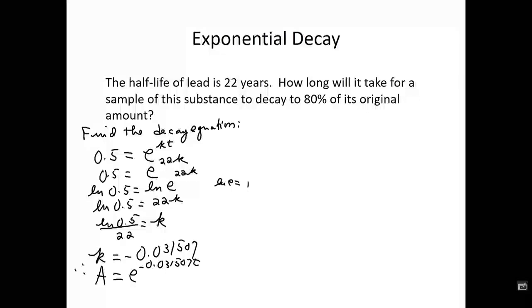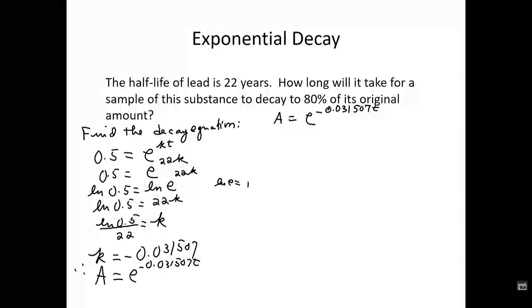So this is our decay equation. All right, so we still need to answer the question. So we're going to use the decay equation to answer the question. All right, so let me just rewrite up here the decay we have. A is equal to e to the minus 0.031507 t.